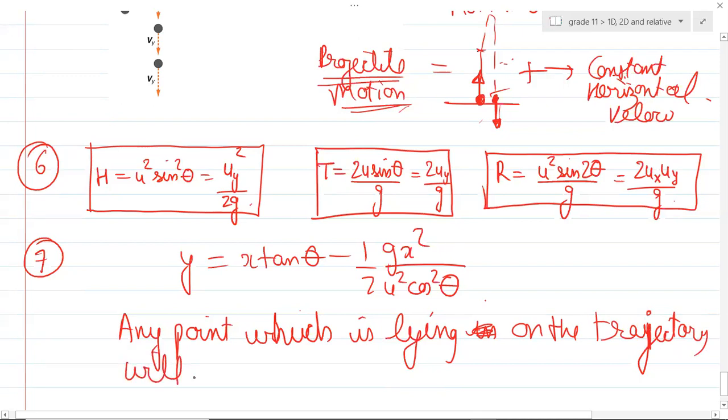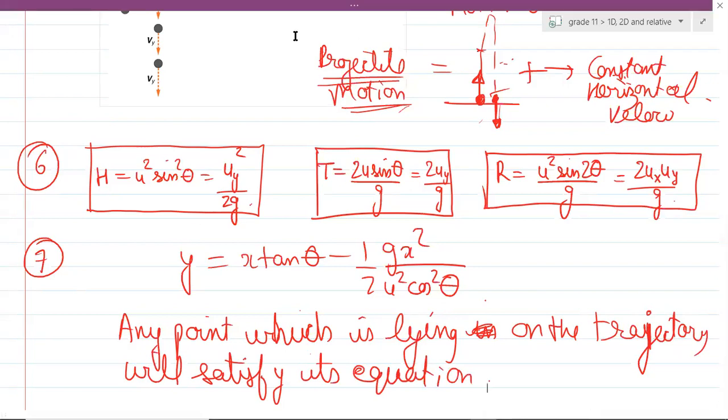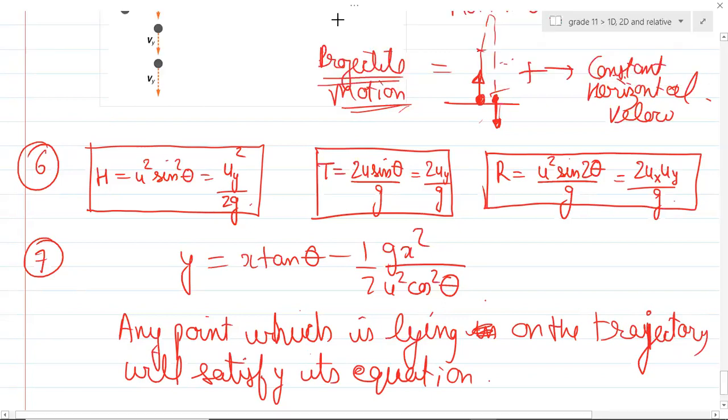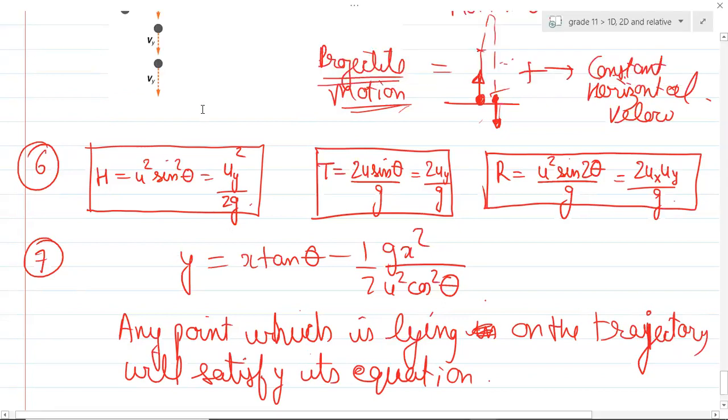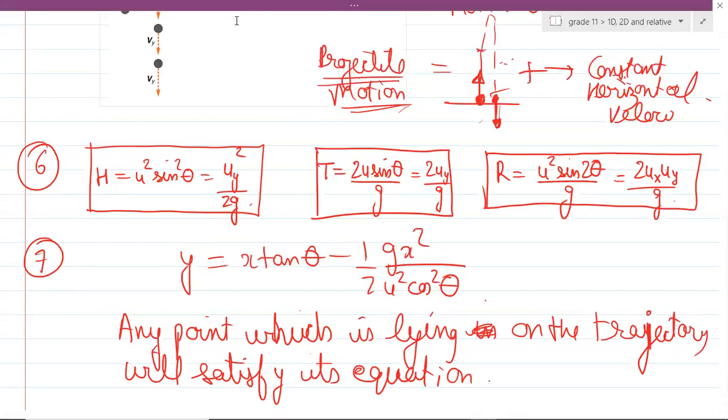We'll see about it in the next class. So remember this equation. Even if you need to mug it up, no problem. If you can derive this equation, then well and good. If you can't, then for the beginning of the lectures at least remember it.